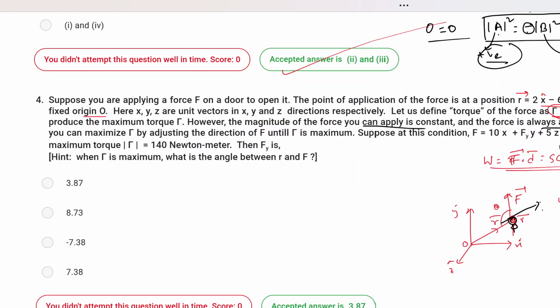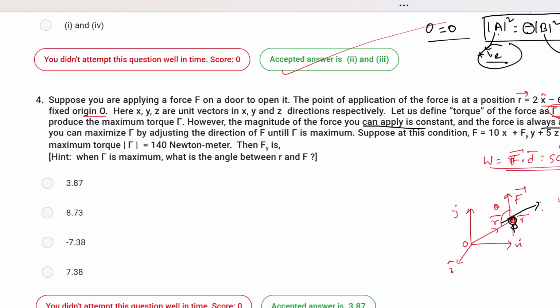So both of these things are not allowed, and the only thing you are left with, very simple to see, is increasing the sine theta part. If you increase sine theta, your tau will also increase, even if the moduli of R and F are not changing. And for increasing sine theta, you have to adjust your theta. You know that sine theta is maximized when theta is 90 degrees.